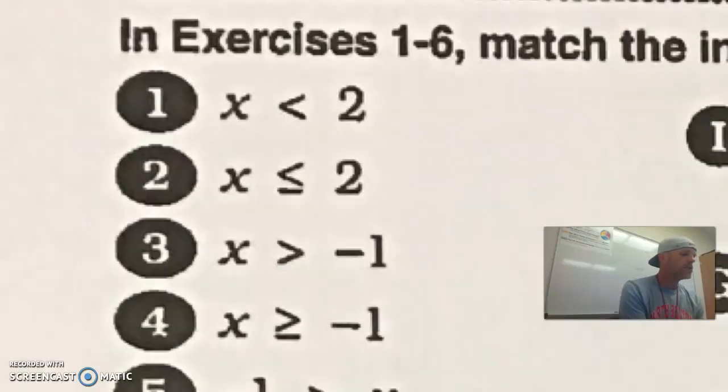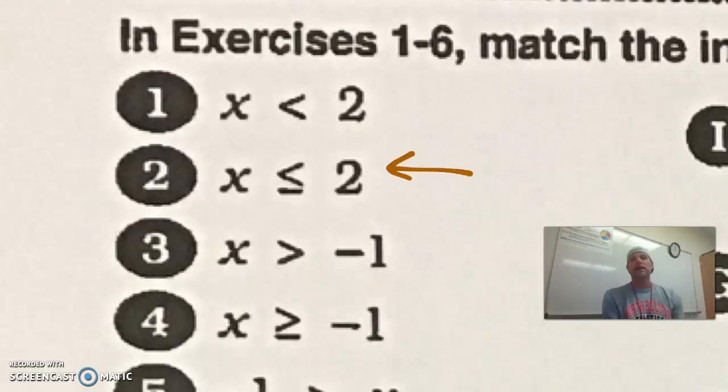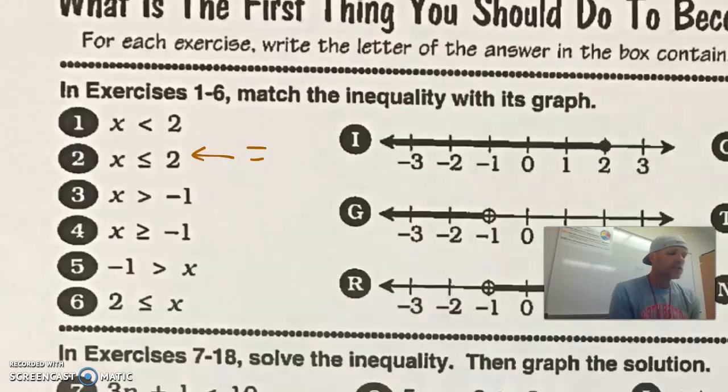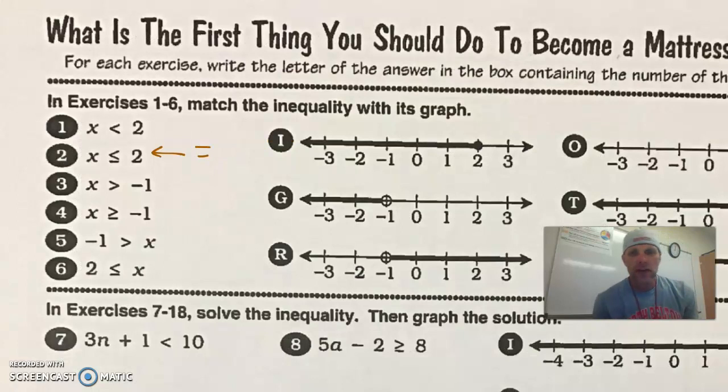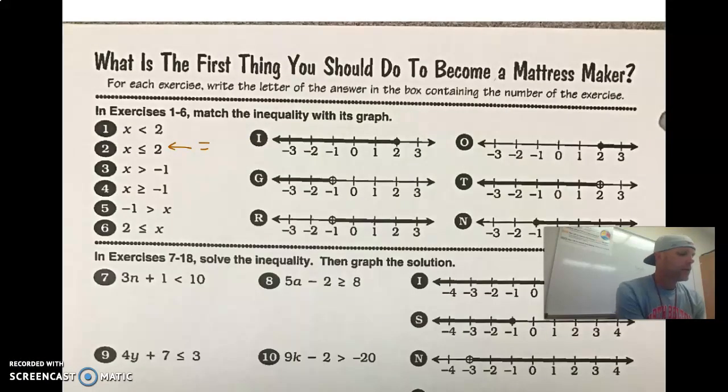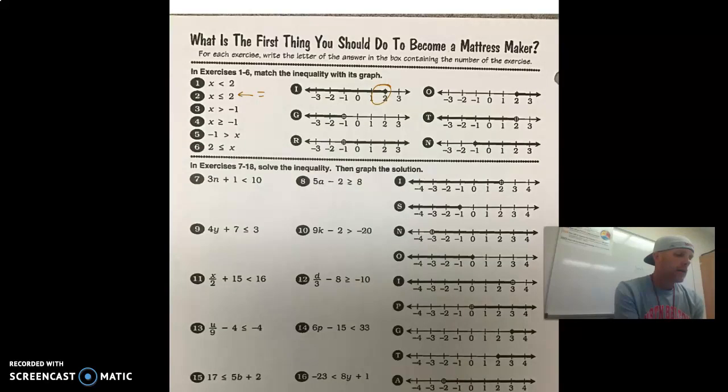Okay, so number 2 says x is less than or equal to 2. So we have to find the graph that matches that. Less than or equal. So I see that's on 2, and that's on 2, that's on 2.